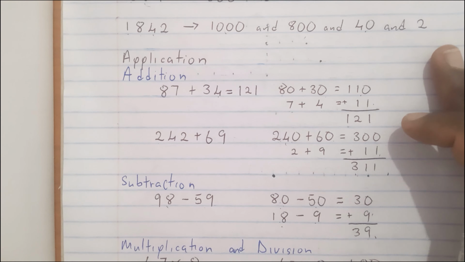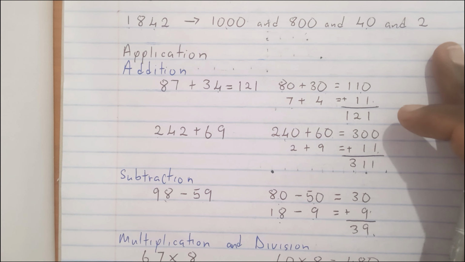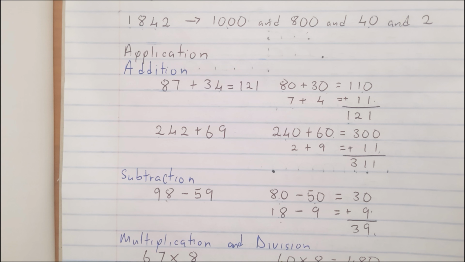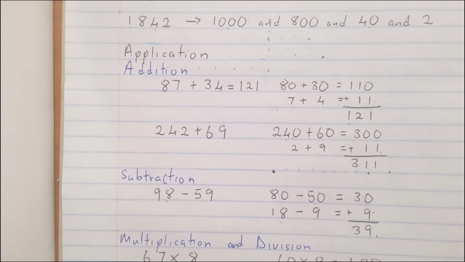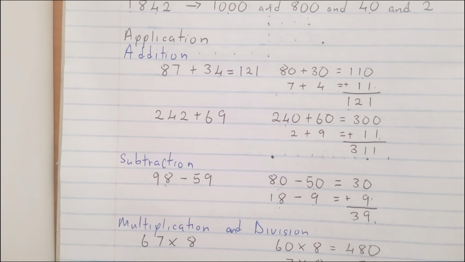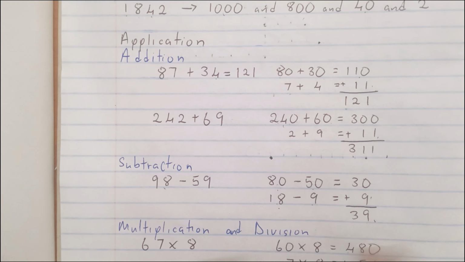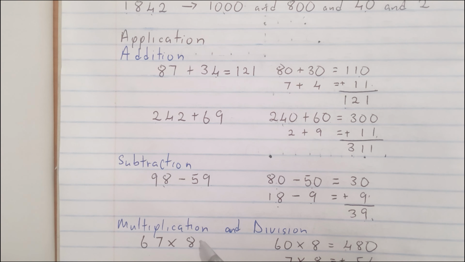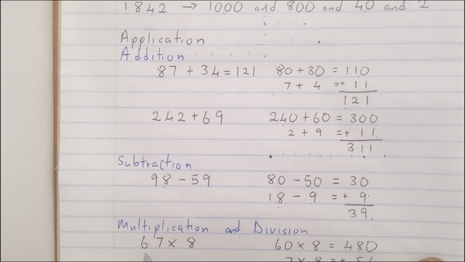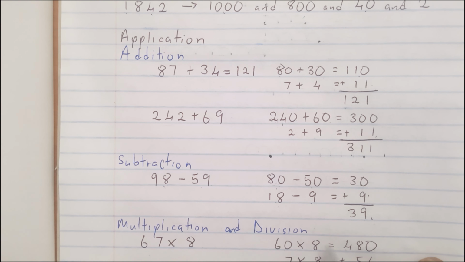For the last part, let's look at how we use the partitioning skill when doing multiplication and division. Let's start with multiplication: 67 times 8. Again, I'll partition these numbers, making sure they are in separate place values. So 60 times 8.